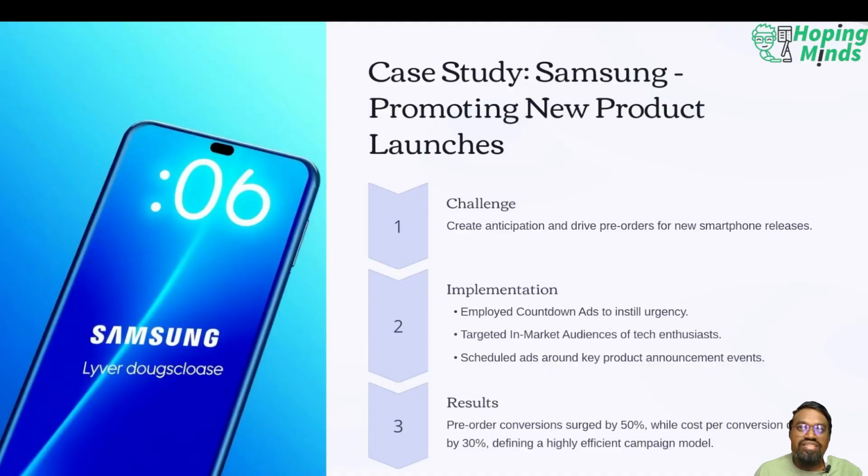Once they portray their features, features you won't be getting in other mobile devices, right? After showcasing those features, and their processors and everything, they start the countdown. They start these countdown ads to instill urgency.